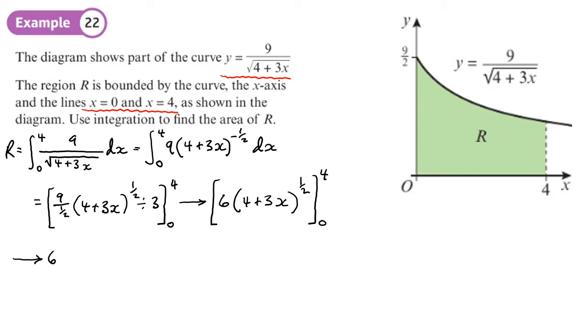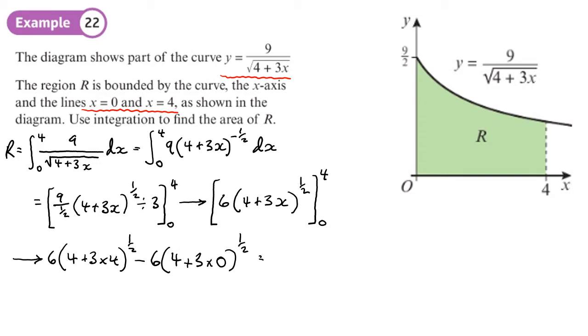So now we're ready just to substitute those values in. So we'll have 6 times (4 plus 3 times 4) to the power half, minus 6 times (4 plus 3 times 0) to the power a half.